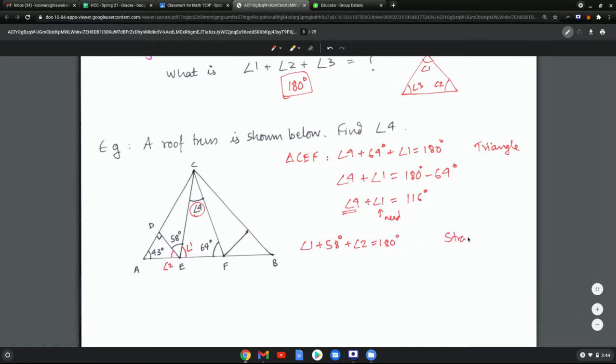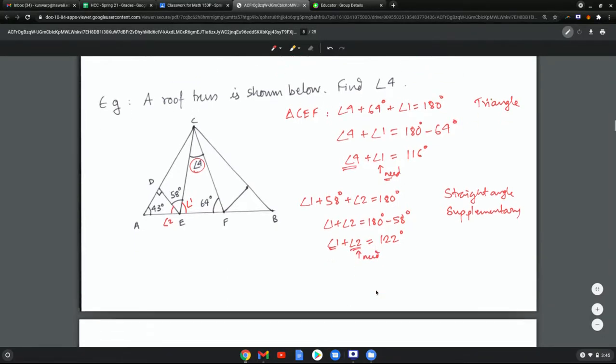Because it's a straight angle, or the other term we have learned for this is supplementary. Once again, I get that angle 1 plus angle 2 is 180 minus 58 degrees, or angle 1 plus angle 2 is 122 degrees.